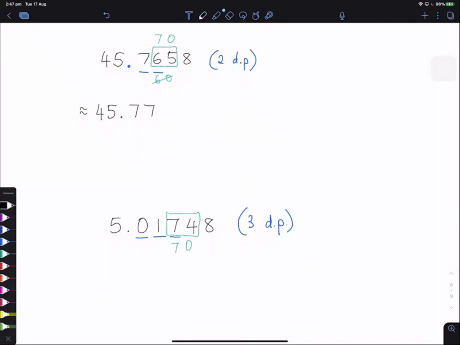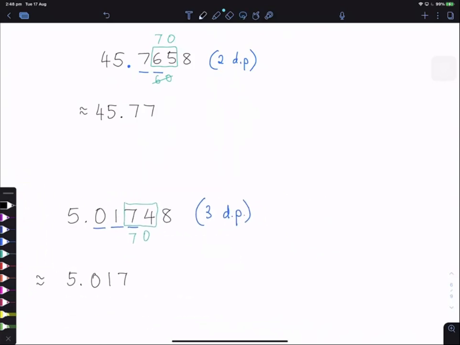So we take 5. Now we count the decimal places, yeah? That 0 is the first decimal place. This 1 is the second decimal place. And this 7 here stays as the 7. That's 3 decimal places. I'm going to write you one more question then.